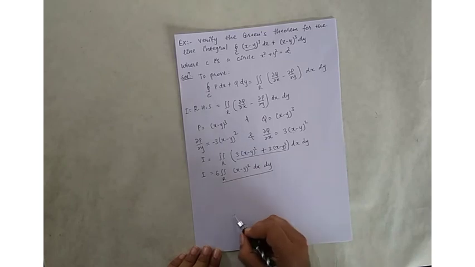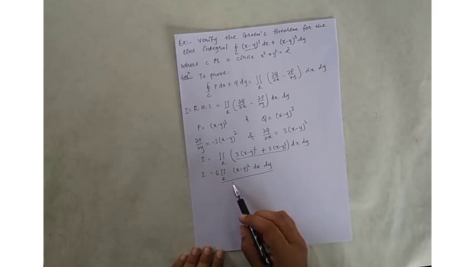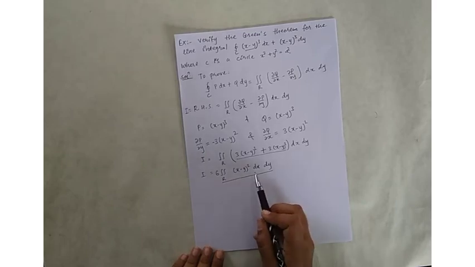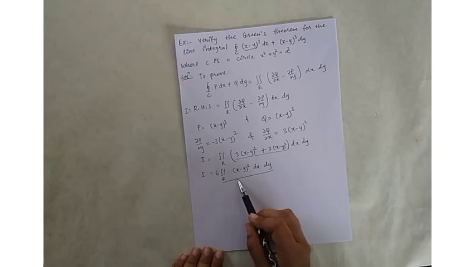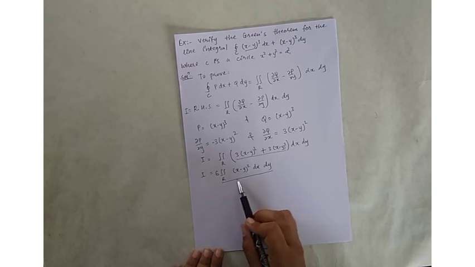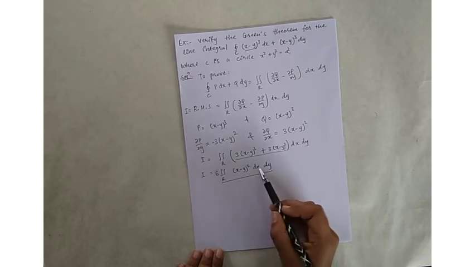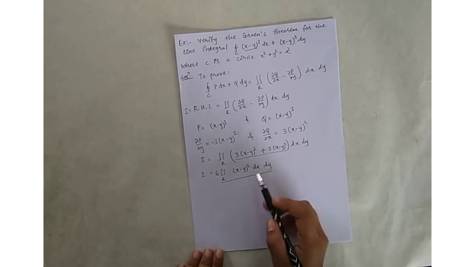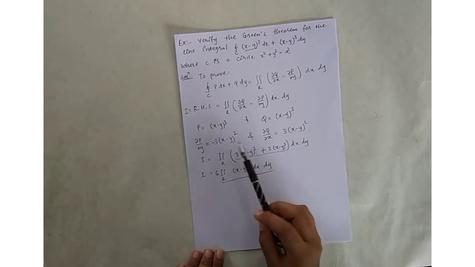So this is the double integration, and we have already shown how to evaluate a double integration, by change of variable by Jacobian. So apply this method here, and I'm converting this xy plane into polar form, and my region is a circle.